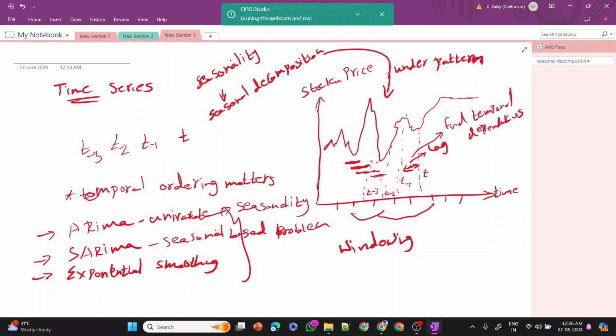Compared to normal, non-time series problems, a time series problem is very important and so complicated to understand.